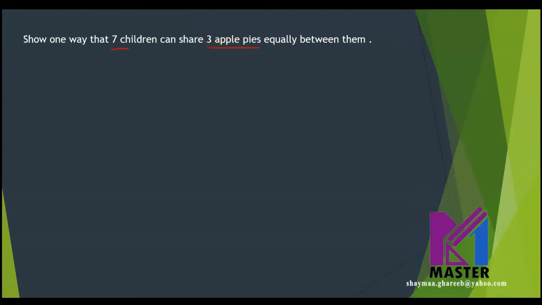And we want to share the apple pies among the 7 children, which means I'm going to divide the number of apple pies by the number of children, which means 3 divided by 7. So what is the answer for 3 divided by 7? Each child will get 3 over 7 of the apple pie. Is this clear?